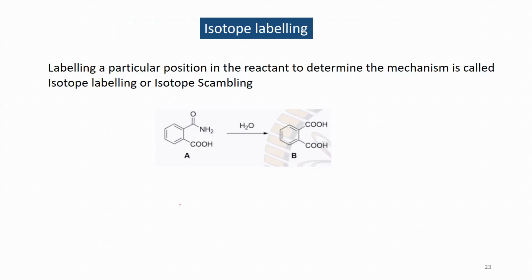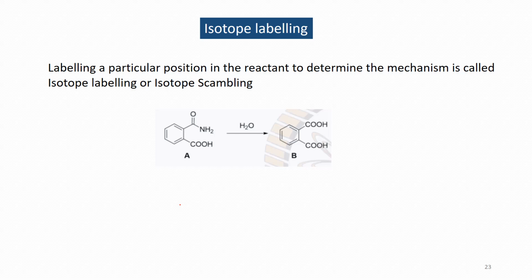The next topic we will discuss is isotope labeling. Suppose we have taken a substrate and substituted one of the atoms with its isotope.